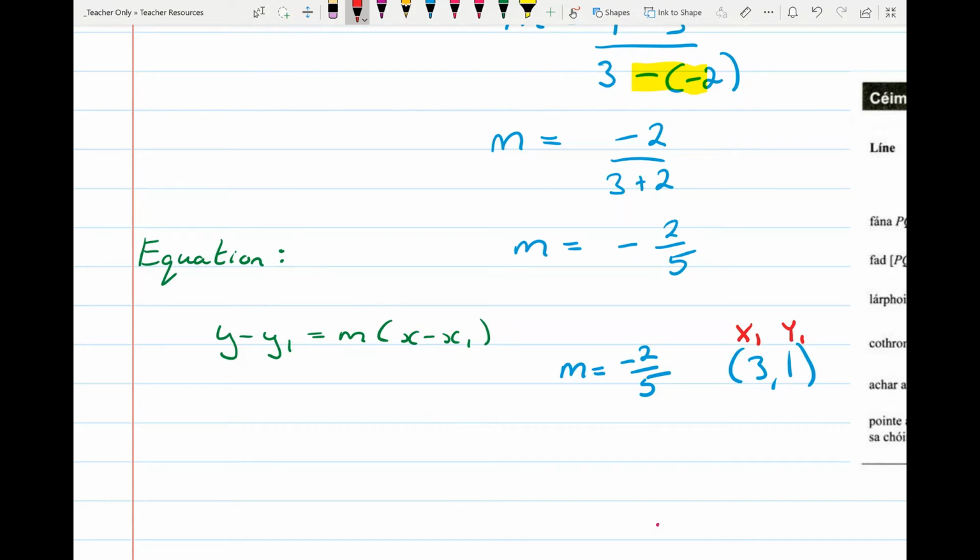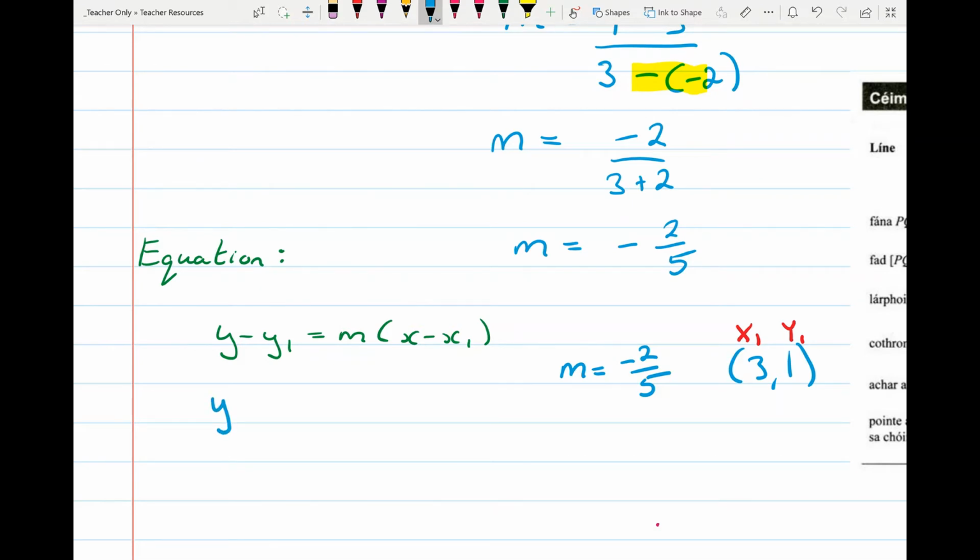And now looking at the equation of a line formula, it has y minus y1 equals m bracket x minus x1. The first y does not have a number attached to it, so it's not like y1 or y2. So we do not fill in a point for that y value. That will remain as just y.